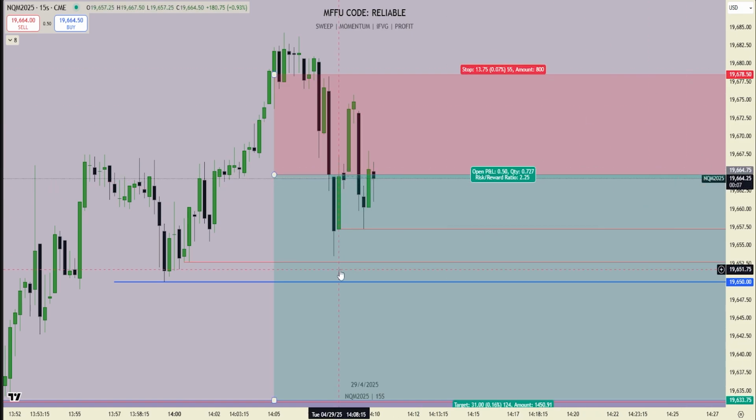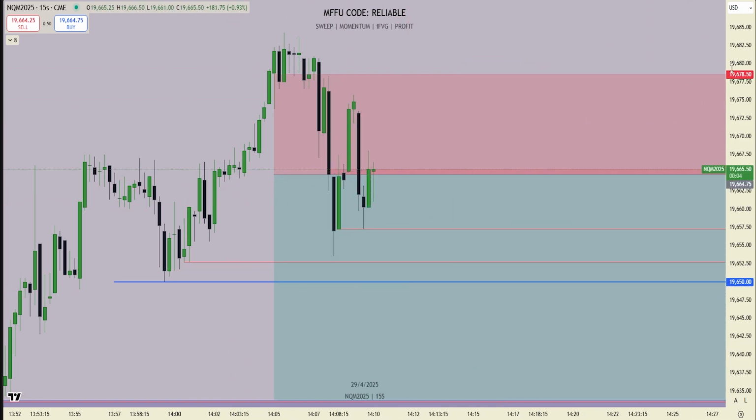I think if you're looking for a good RR setup or a good eval play, this 15 second isn't the worst thing in the world. Just trying to anticipate that pullback after a massive pump up. But it's definitely too risky for funded or anything.